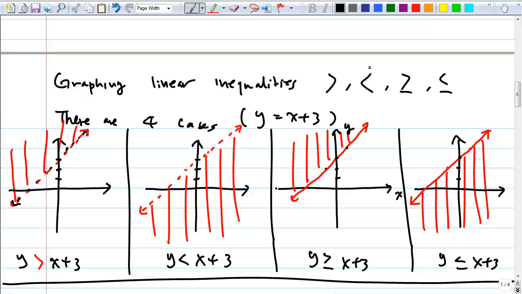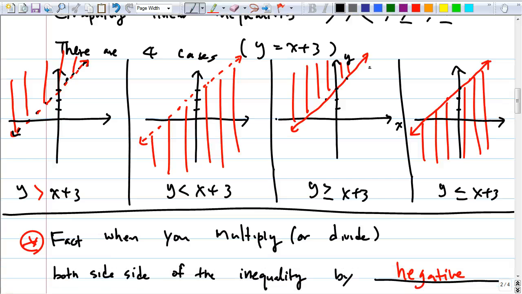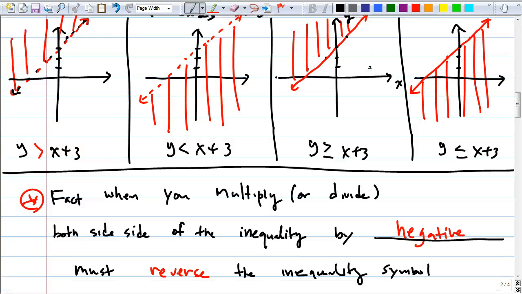Let's see if it rings a bell. When you multiply or divide both sides of the inequality by a negative number, what happens to the inequality symbol? You have to reverse the inequality symbol. This is one fact you really have to remember, otherwise you're going to do this wrong.